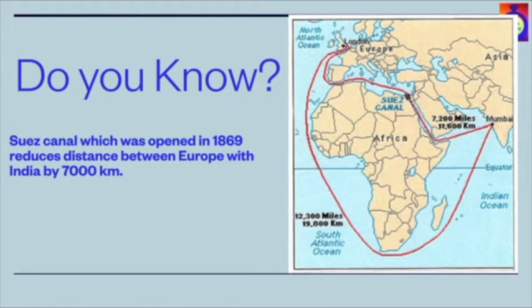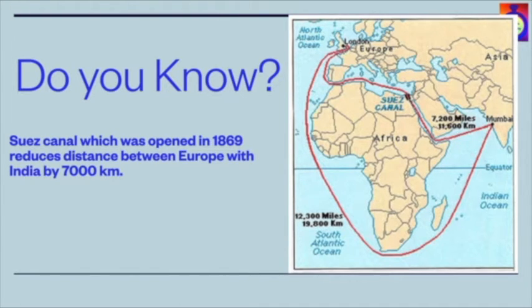And one more thing, the Suez Canal. This Suez Canal exists between Egypt and Israel and Saudi Arabia. It was opened in the year 1869. This reduced the distance between European countries and India by 7,000 kilometers.